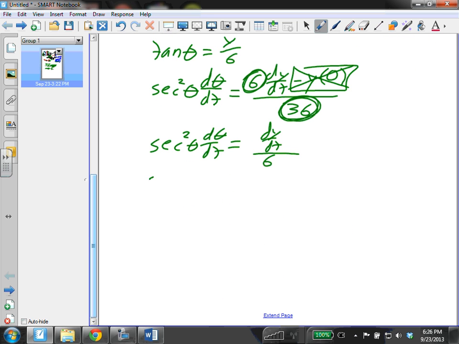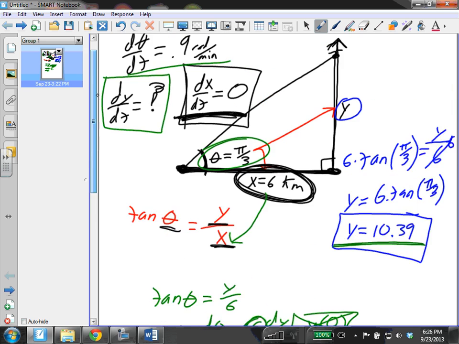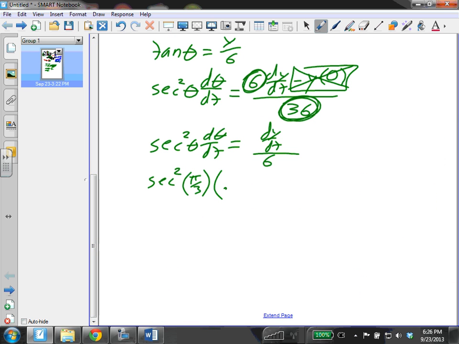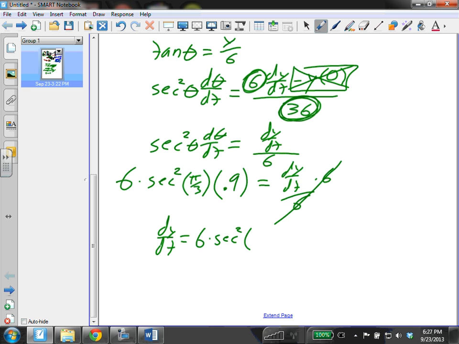So secant squared of theta, which is pi over 3, times d theta/dt, which is 0.9, equals dy/dt divided by 6. Now to get dy/dt by itself, I'm going to multiply by 6 on both sides. That cancels over here, and so dy/dt is equal to 6 times secant squared of pi over 3 times 0.9.